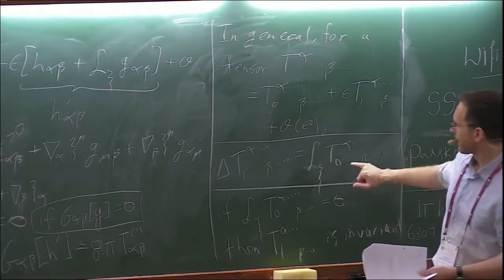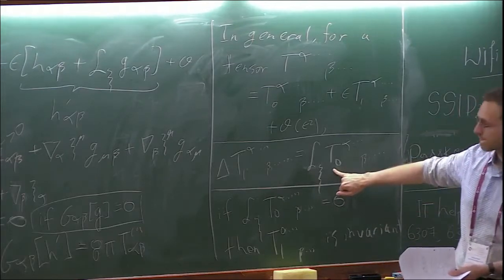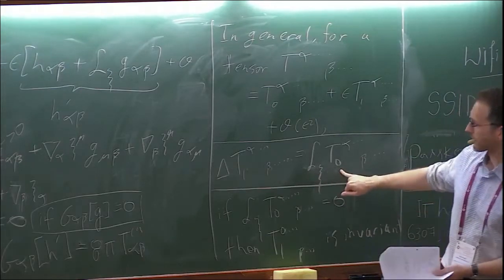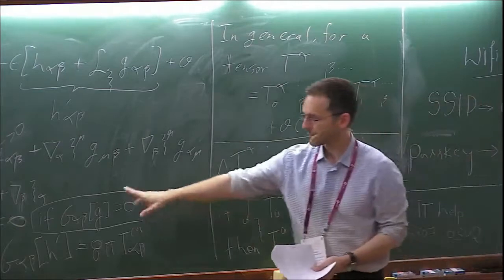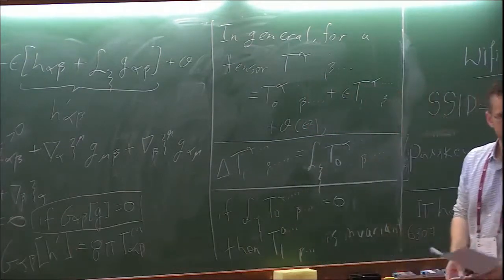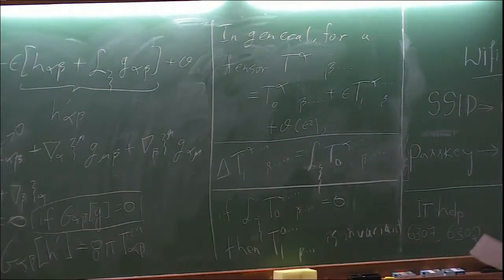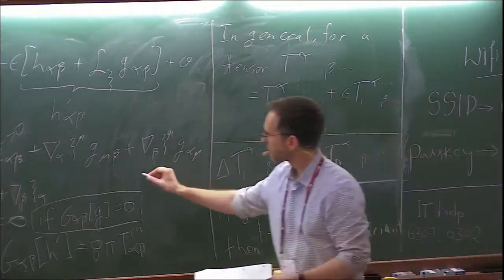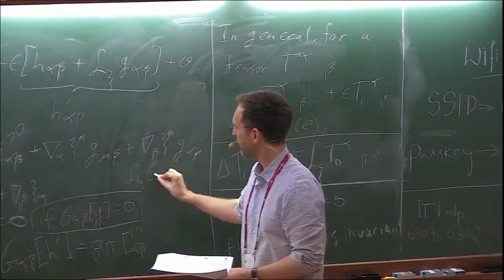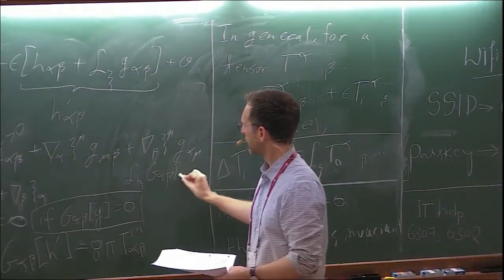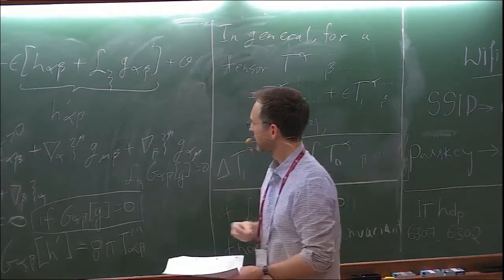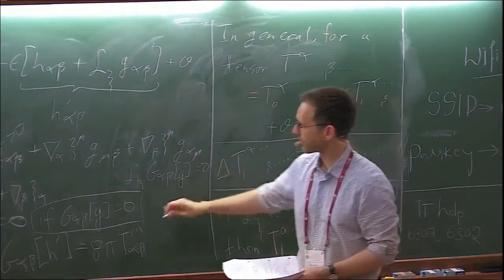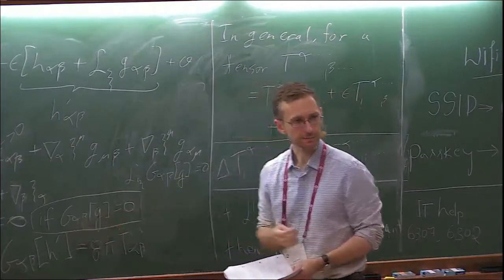Right, so if T0 is 0, then the Lie derivative is also 0. And so the Lie derivative of the background Einstein tensor is 0 because this is 0. Yep.